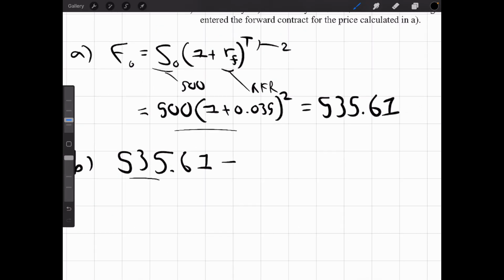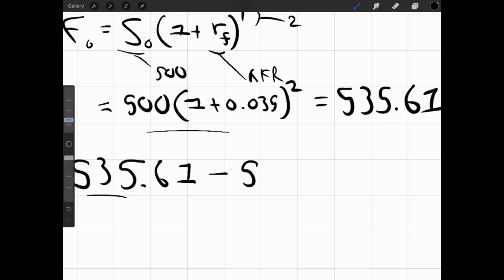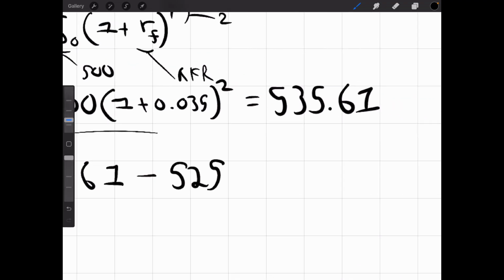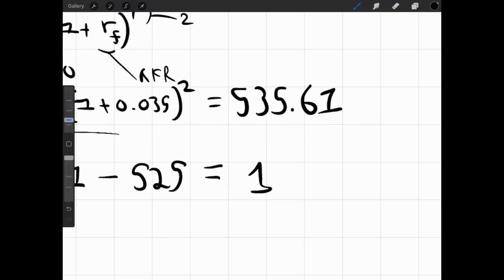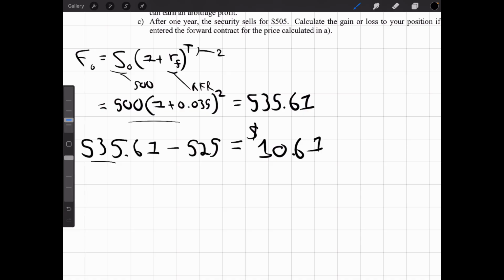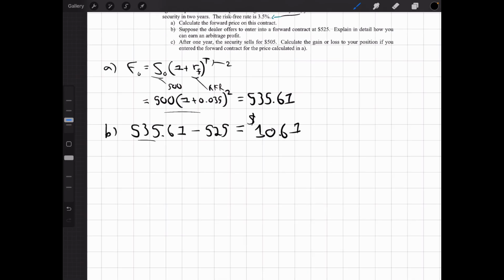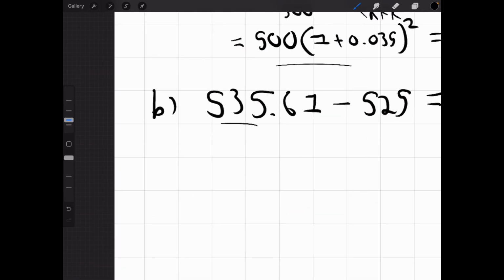So it would be 535.61 less 525. So that's equal to $10.61. There you are. You've arbitraged. Hope you're feeling great about it.